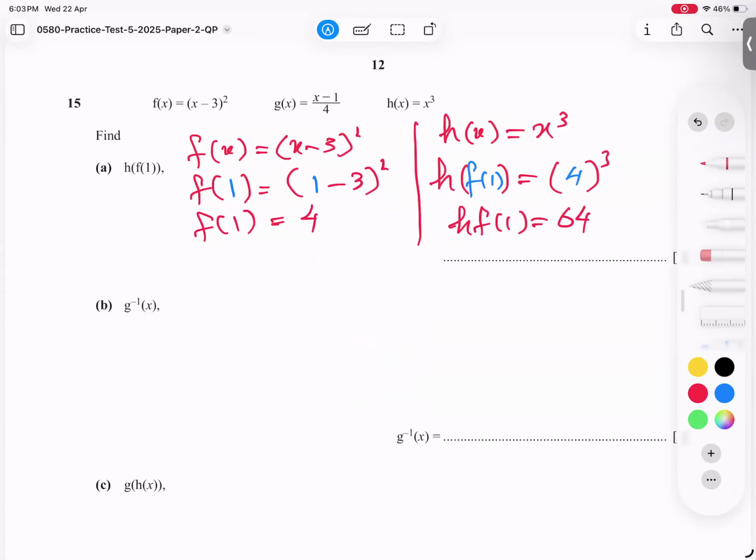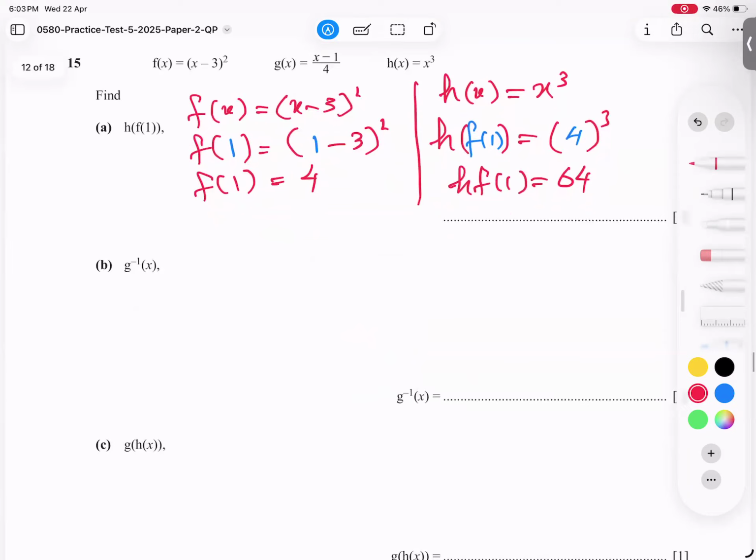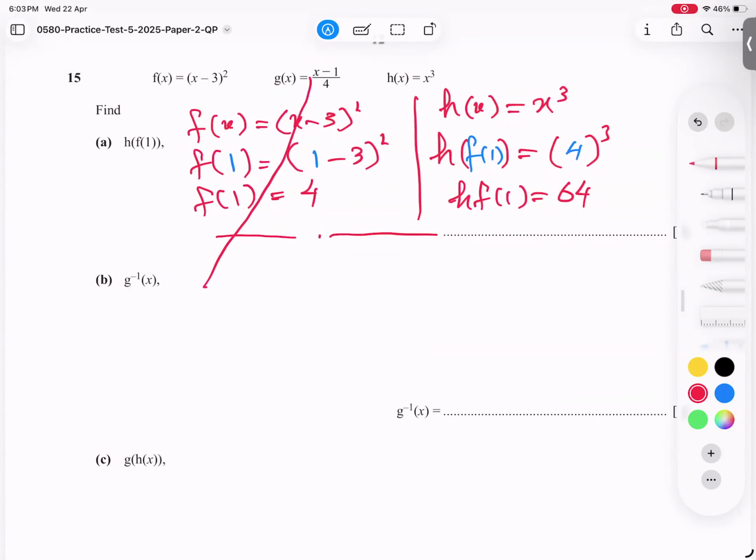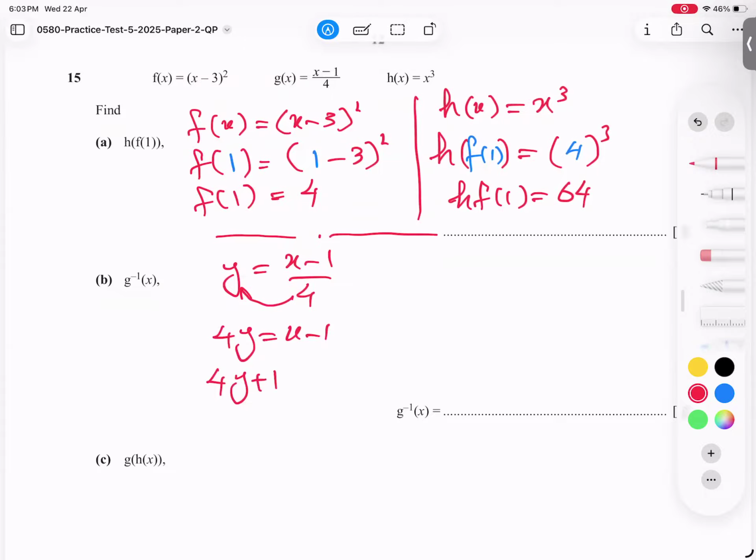And now let's go for inverse function. So first of all, copy the g function without any change, or replace g function by y. So step number 1 done. Right now y is the subject, and I have to make x the subject. So first of all, multiply by 4. Step number 2, 1 comes this side.